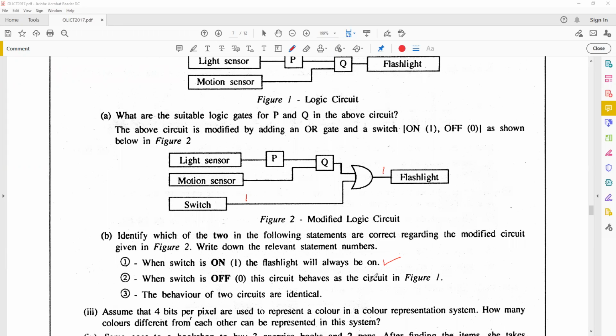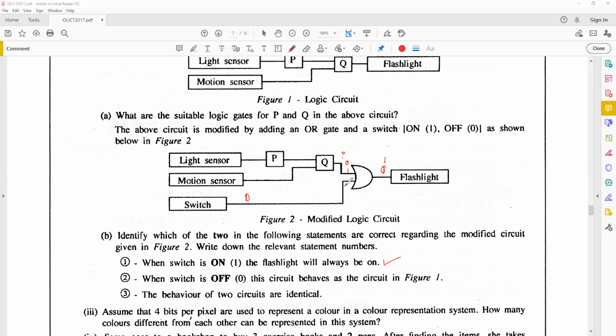And then, when the switch is off, the circuit behaves as the circuit in figure 1. When this is off, what happens here? If this is 0, then this will be 0. If this is 1, this is 1. Which means it behaves as the previous circuit. No change.